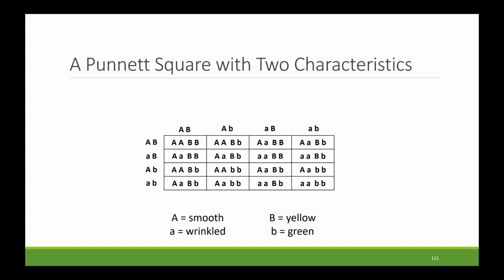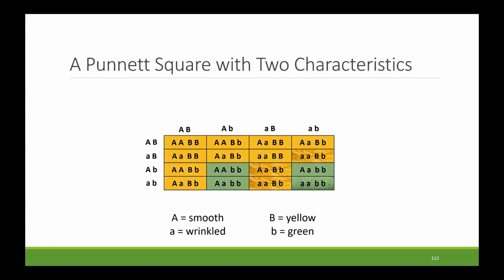So will the one below that. So will the one below that. And so will the one at the bottom. That entire first column is smooth and yellow because each one of those offspring has at least one capital A, making it smooth, and at least one capital B, making it yellow.